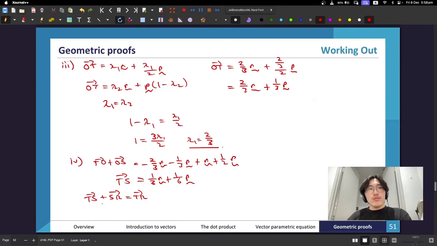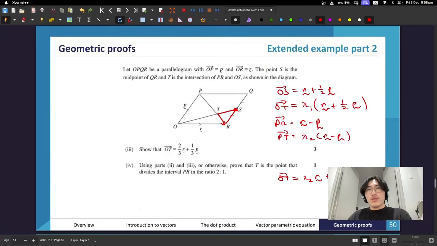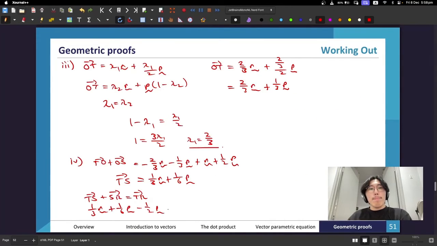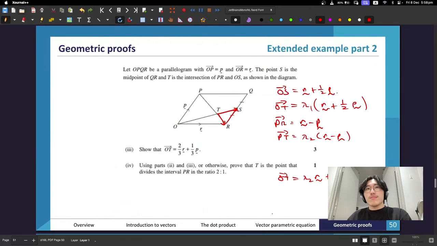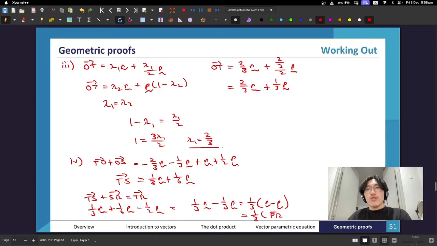And then that will equal 1 on 3 R plus 1 on 6 P minus a half P, which equals 1 on 3 R minus 1 on 3 P, which is the same as 1 on 3 times R minus P, which is the same as 1 on 3 PR.